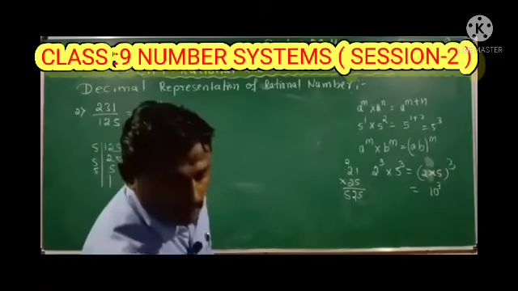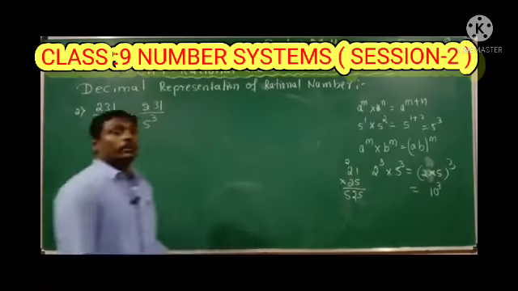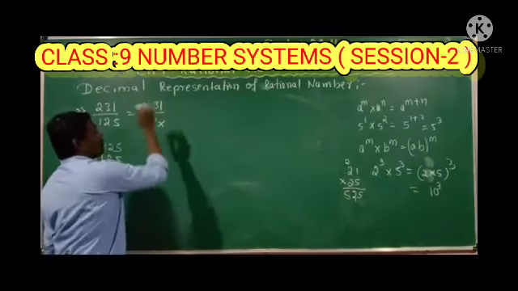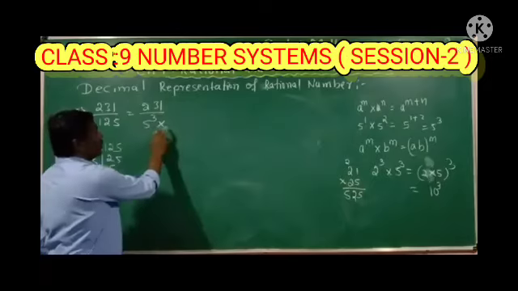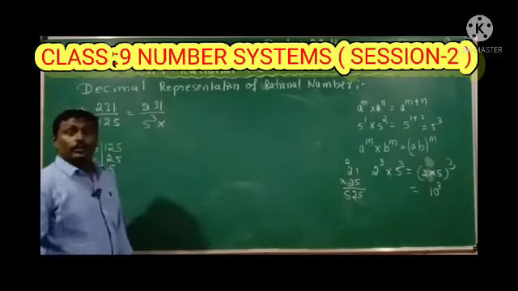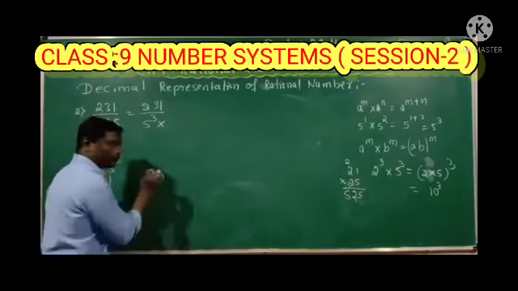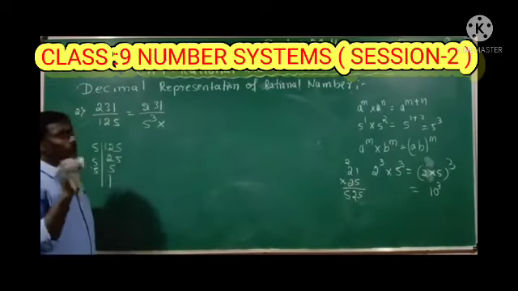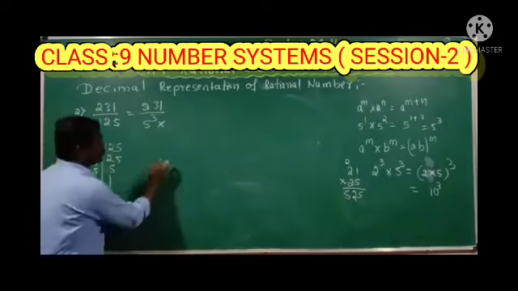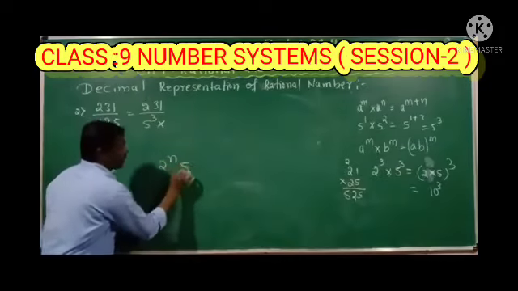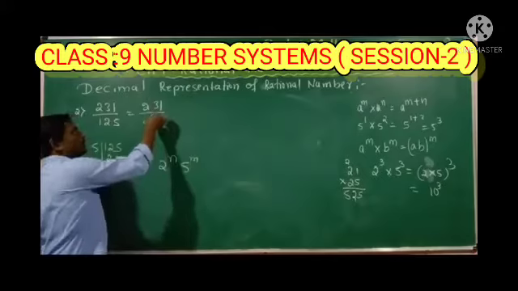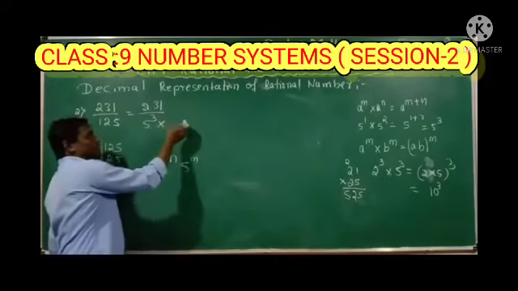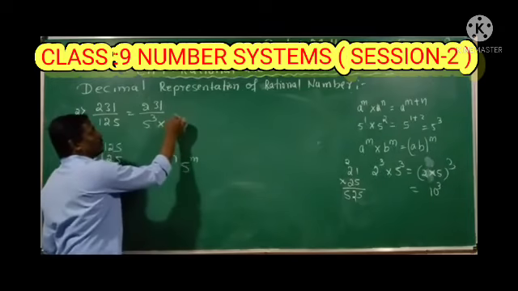It is a terminating value, which means we need to equate one more value, that is 2 raised to 3 here, where one more term is missing, because whenever we represent a rational number in the form of decimal expansions, it should be in the form of 2 raised to n and 5 raised to m. So 5 raised to 3 we already have, but the missing term is 2 raised to 3.